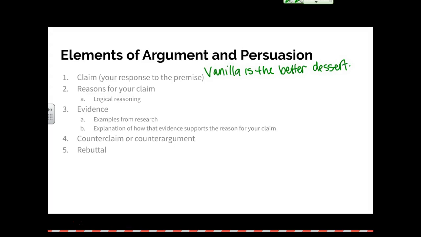Your thesis statement in the intro of your essay is going to answer that question. So just like here, vanilla is the better dessert, the claim is when you answer the question. That's it. Argue whether dogs are better than cats. Argue whether blah, blah, blah.